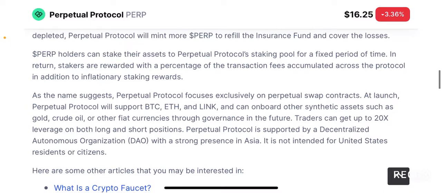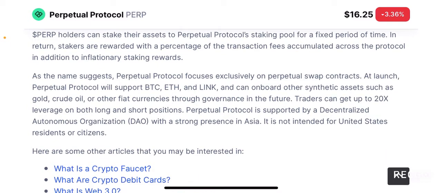But moving on, PERP holders can stake their assets to Perpetual Protocol's staking pool for a fixed amount of time. In return, stakers are rewarded with a percentage of transaction fees accumulated across the protocol, in addition to inflationary staking rewards.